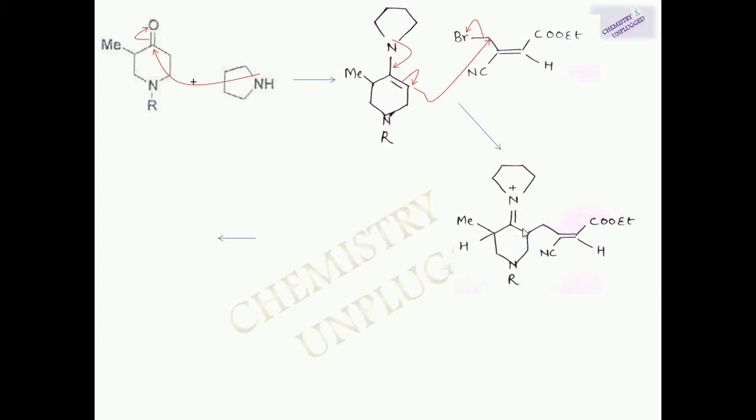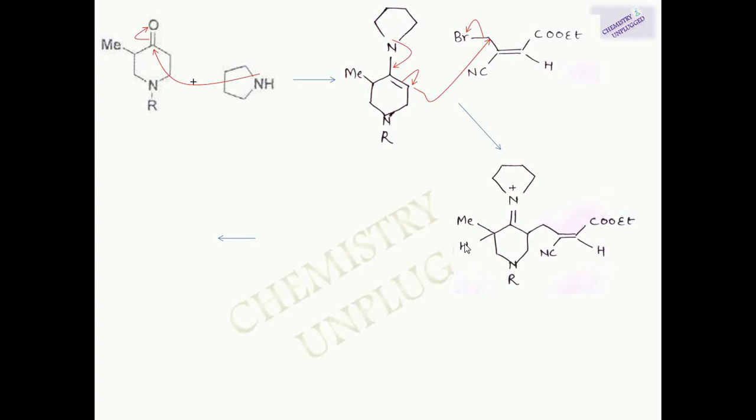So the enamine will form here, and then we use this alkene, and this carbon will attack this carbon atom because after the removal of the bromine atom, this carbon will become positively charged and act as an electrophile. So this carbon will attach here.